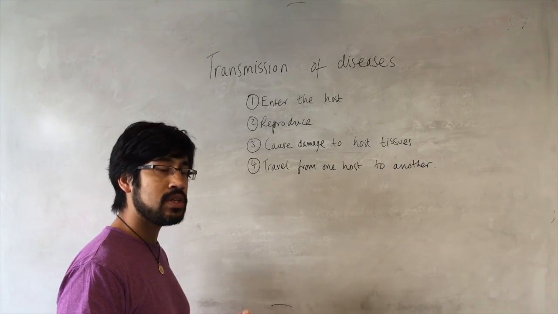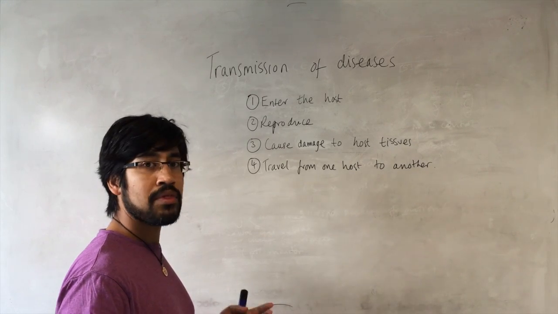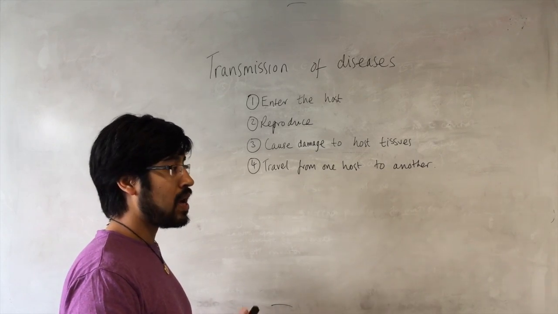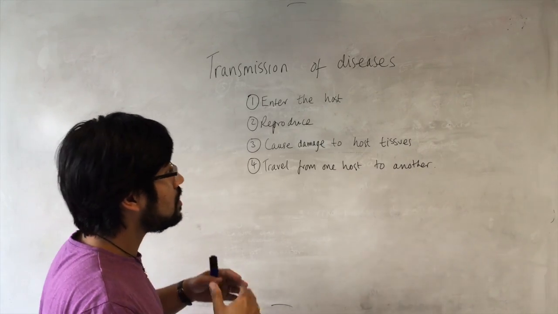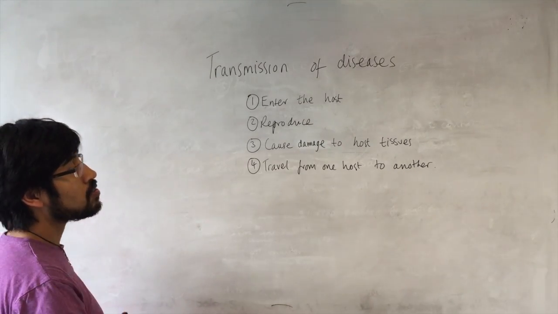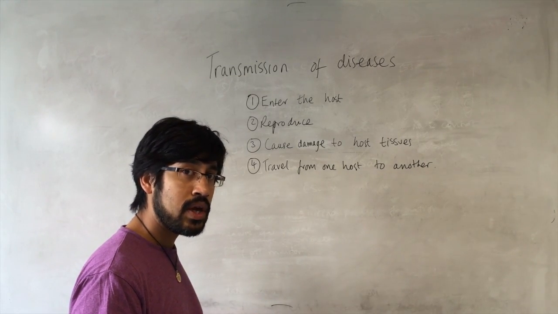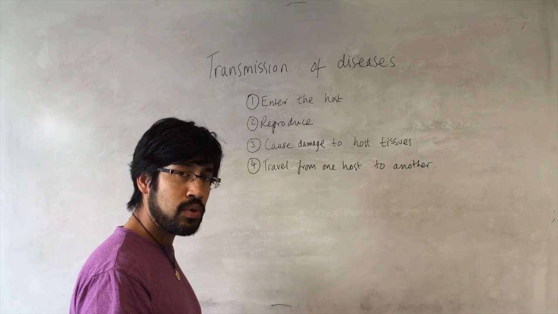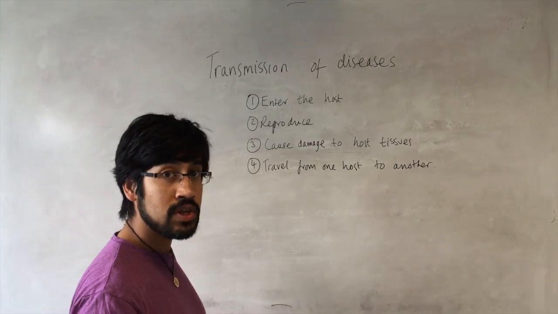In your revision, the very basic idea is that pathogens are organisms that could enter another organism and cause harm to that organism. And in that context, we are looking at three infectious diseases. What that means is they can travel from one person to another, causing harm in the infected individuals.